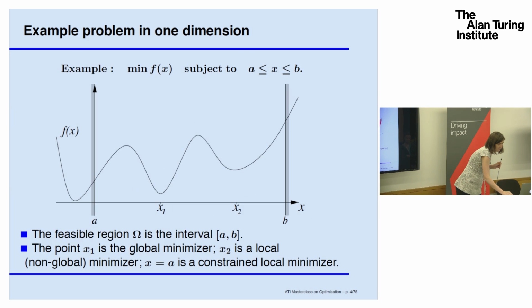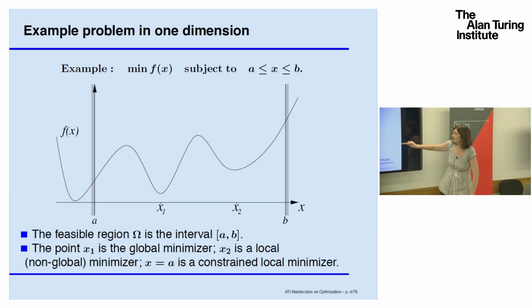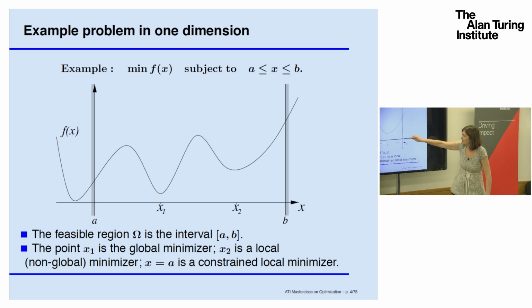So in particular, what do I notice here? Around minimizers, I have a shape called convexity, and around maximizers, I have concavity. Those of you that do not know, convexity is essentially this kind of shape, like a glass that holds water, and concavity is like an upside down glass.